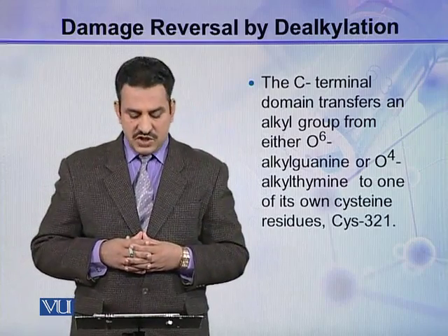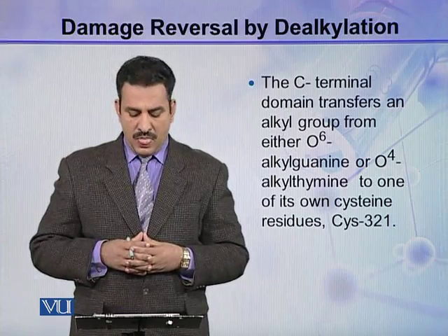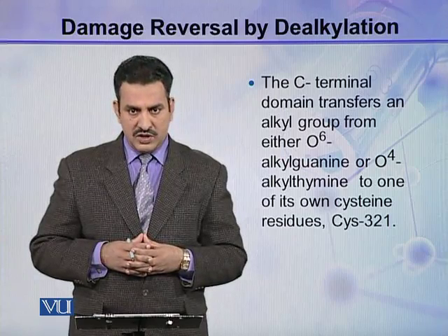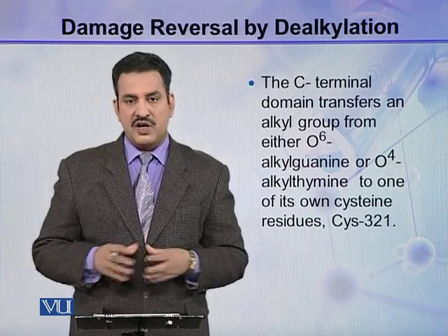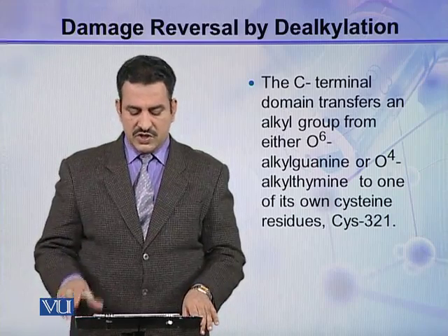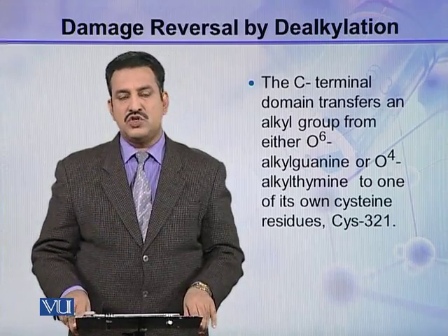Similarly, the C-terminal domain transfers an alkyl group from either the O6 atom of alkyl guanine or the O4 atom of alkyl thymine to one of its own cysteine residues, which is cysteine 321.